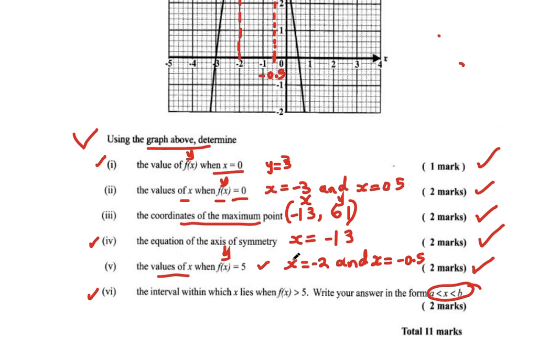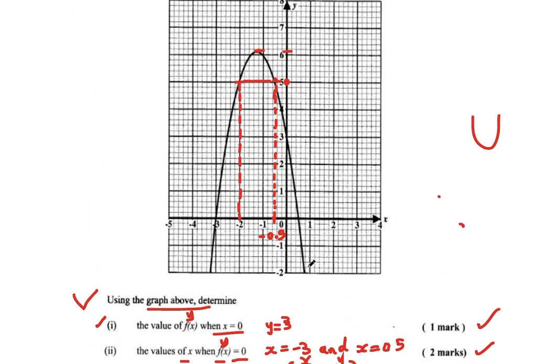So where is f of x or y greater than 5? It is greater than 5 for this portion of values. This is the area of the curve where f of x or y is greater than 5.